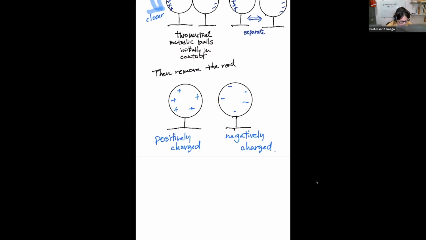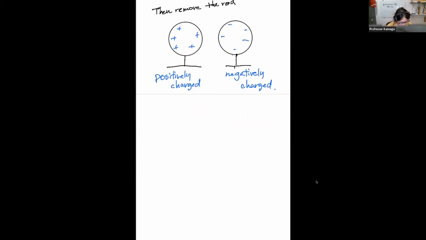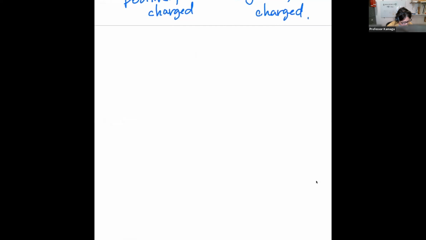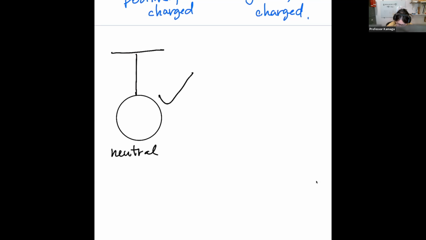What happens if I make a contact? I could do it differently too. So here, let's say I have a ball, right? And again, this is neutral. And I bring a rod, again it could be negative or positive, nearby. Bring it closer.